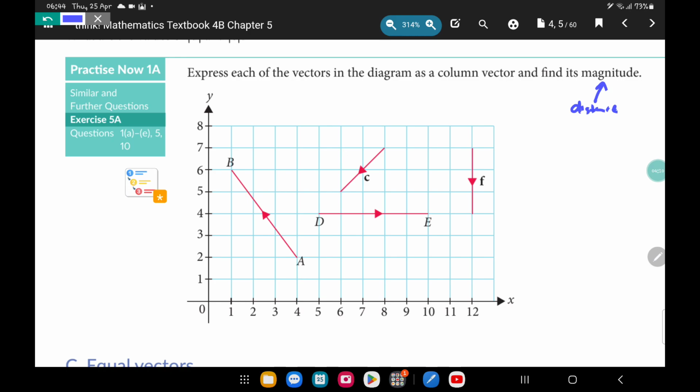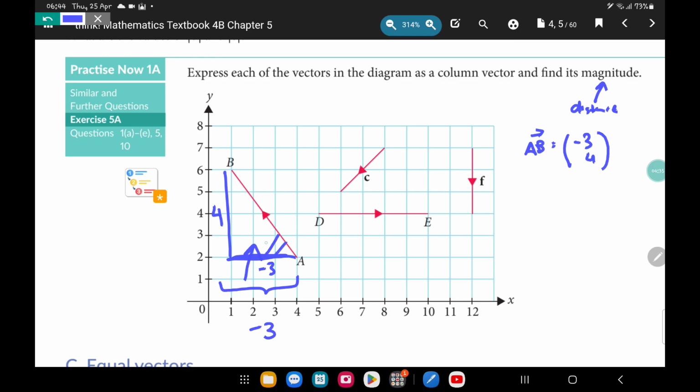So let's take a look at just one example, AB just now. We have already gotten the column vector to be negative 3 as well as 4. So if I were to label in the figure over here, I know it's negative 3, this one, and then it goes up by 4.